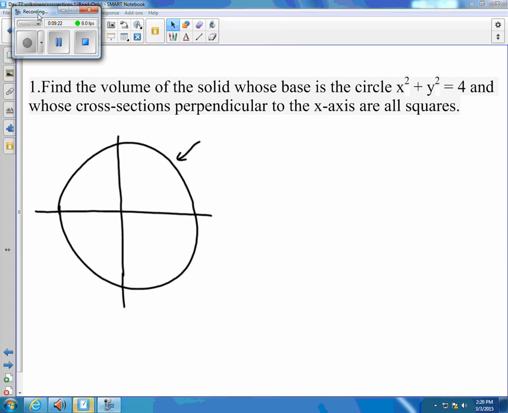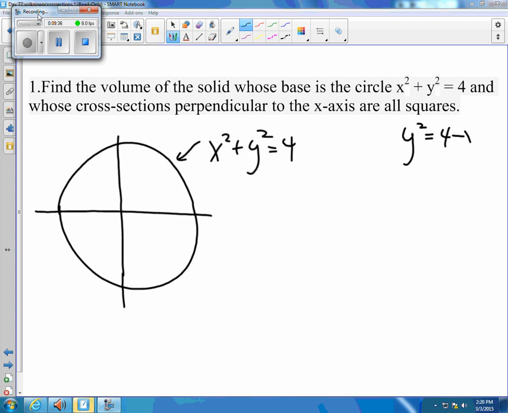It's x squared plus y squared equals 4. If you didn't know that, to put into your calculator, you would have to solve for y. You'd have to break it up, right? That's not a function. Y squared equals 4 minus x squared. And you'd have to graph both y equals the positive and the negative square root of 4 minus x squared.